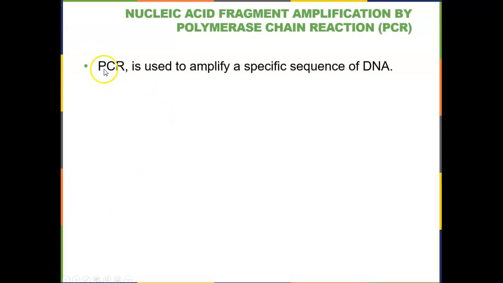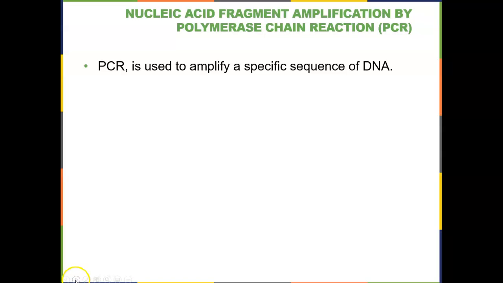The next important technique we're going to take a look at is called polymerase chain reaction. In polymerase chain reaction, we are going to target in on a particular DNA region that we want to make more copies of. So PCR is used to make more copies of a specific region of the DNA.